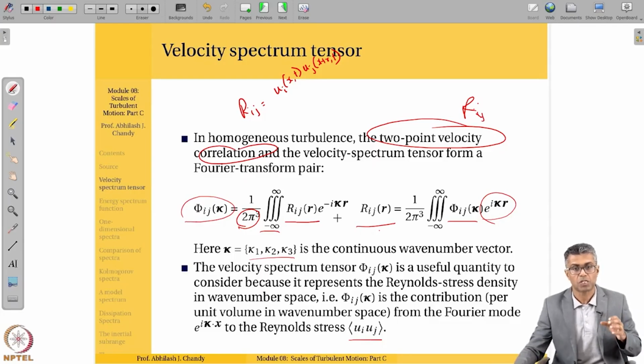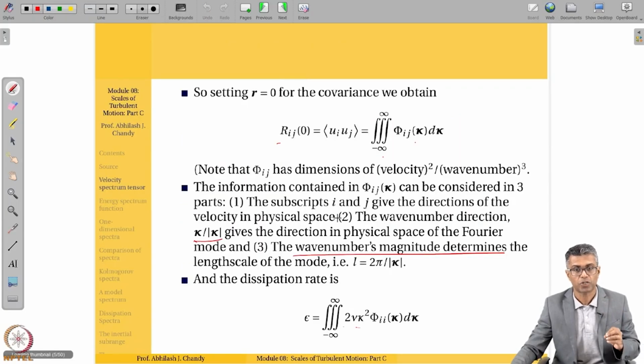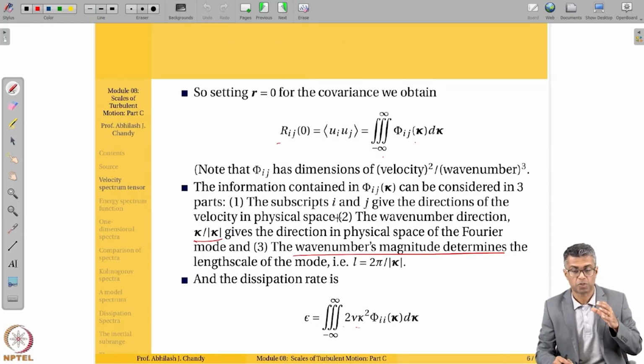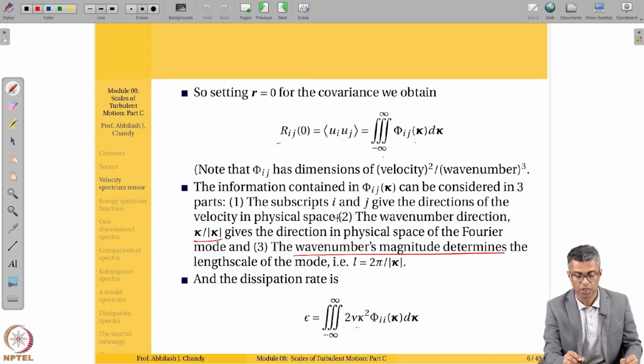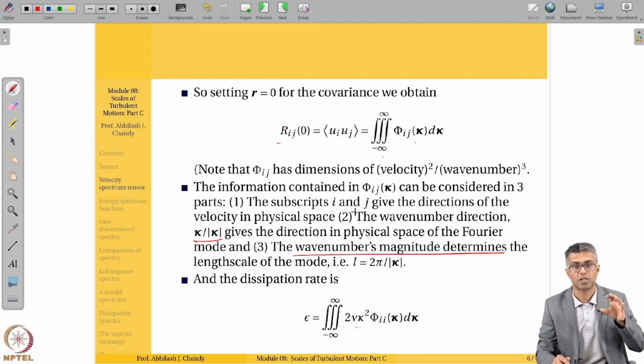This velocity spectrum tensor is, as I used to say, a loaded function because it has multiple pieces of information in there, specifically 3. The subscripts i and j give information about the directions of the velocity in physical space, right?